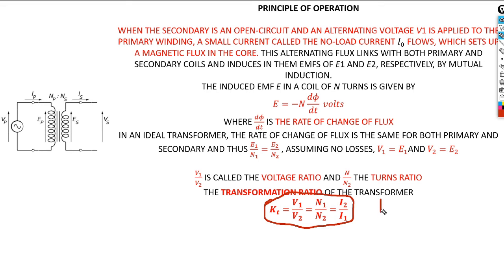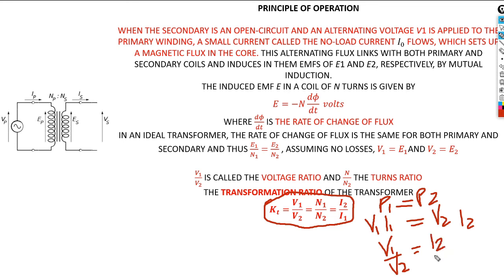Because it's an ideal transformer, the power in the primary P1 will also be equal to P2. Okay, and therefore P1 is given by V1 times I1, and P2 is given by V2 times I2. So if you apply cross multiplication, you're going to have V1 over V2, which is already the voltage ratio, equal to I2 over I1.